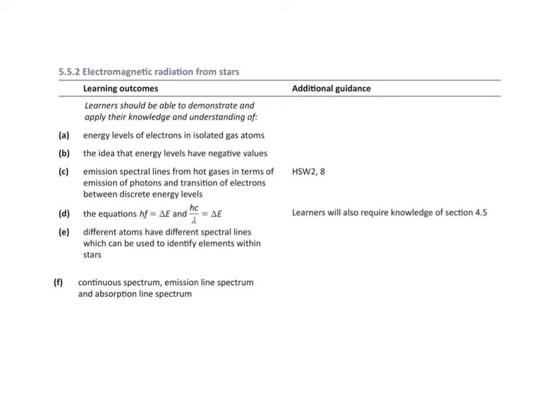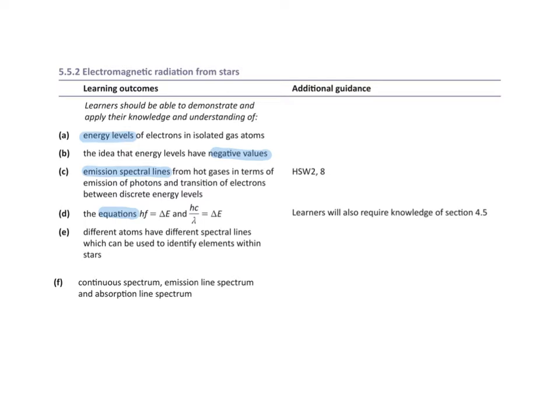So we're going to be looking at energy levels of electrons, why they have negative values. We'll also look at emission spectra lines from hot gases. We will also use the equations that we have seen before in quantum physics, so the energy of a photon, but in this case we're going to link it to the photons involved in the energy levels.